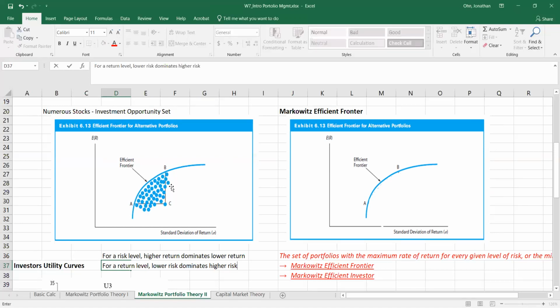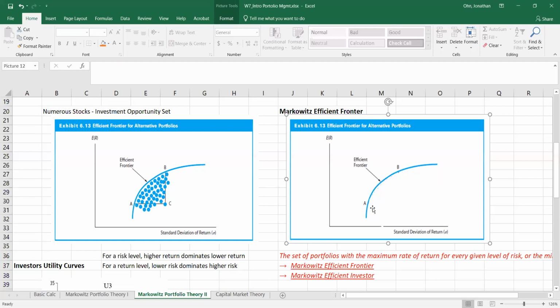every possible investment combination below this line, this boundary, is completely dominated. So that means, look at this, all the possible investment combinations on this curve dominate everything below that curve.